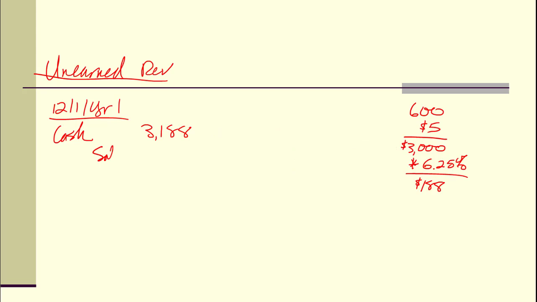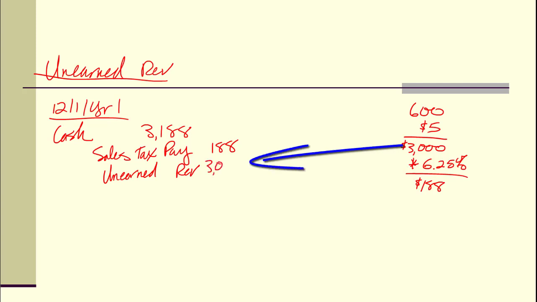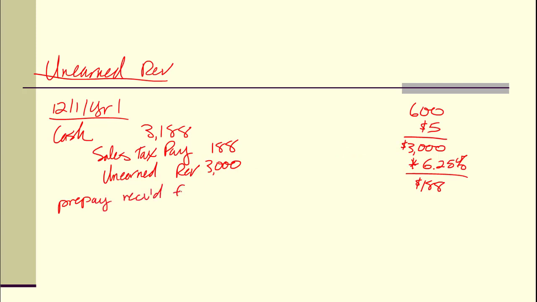We'll record sales tax payable for $188 and unearned revenue for $3,000. And this is a prepayment received for January delivery.